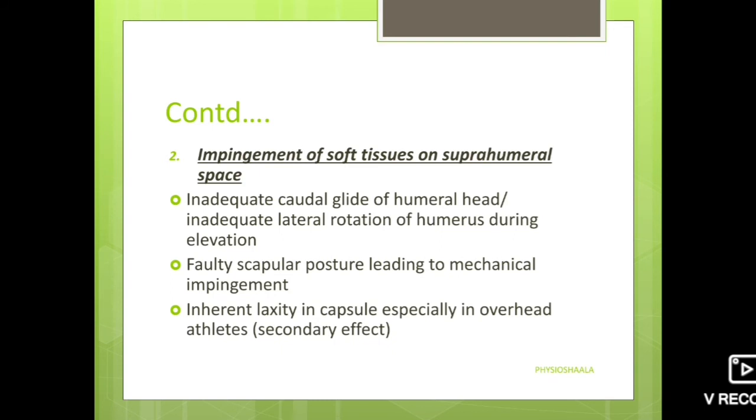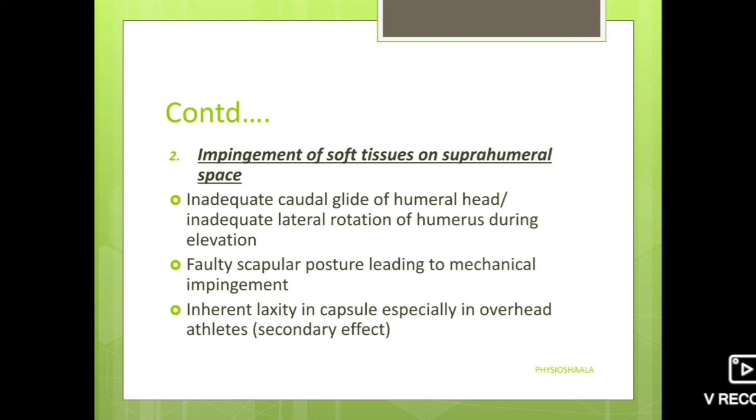The other important factor for impingement of soft tissues in the suprahumeral space is mechanical problems, that is, inadequate caudal glide of the humeral head or inadequate lateral rotation of the humerus during elevation. If there is inadequacy of any of these, this causes the greater tubercle to impinge against the acromion and compresses the tissue in between.